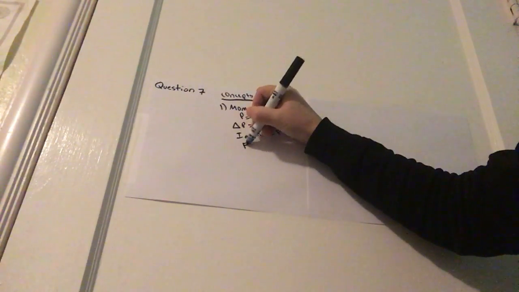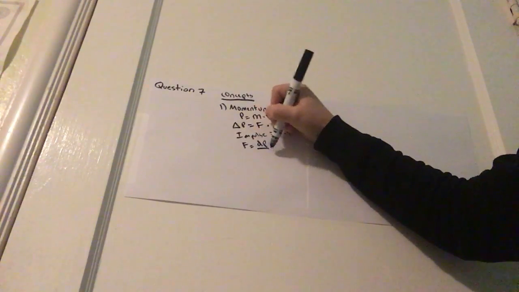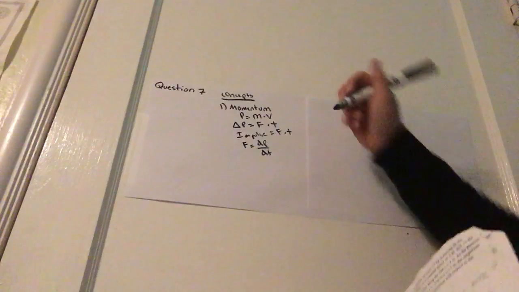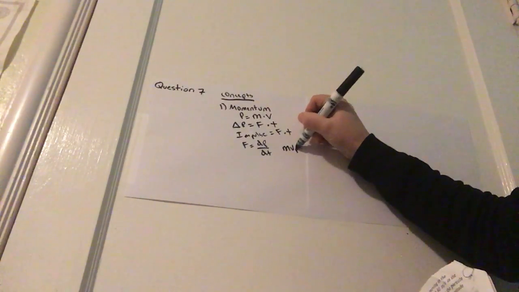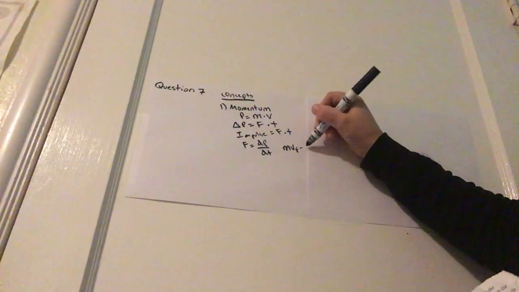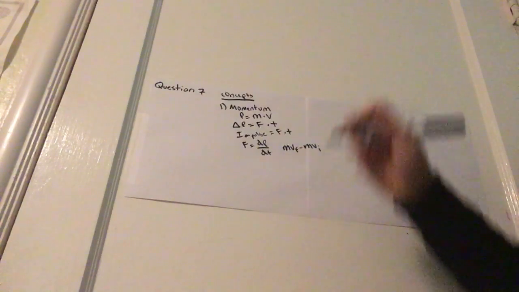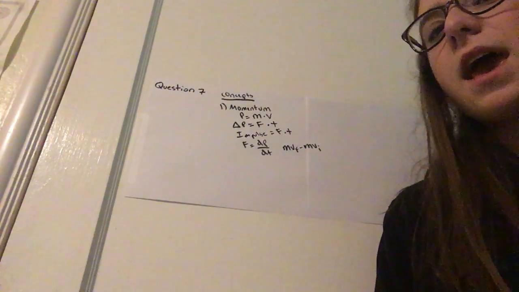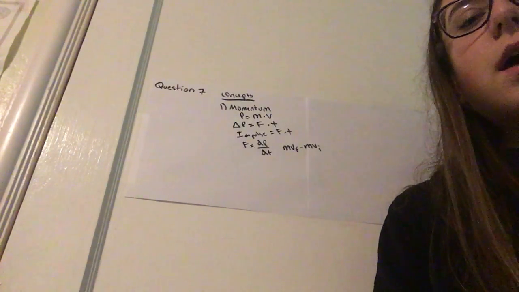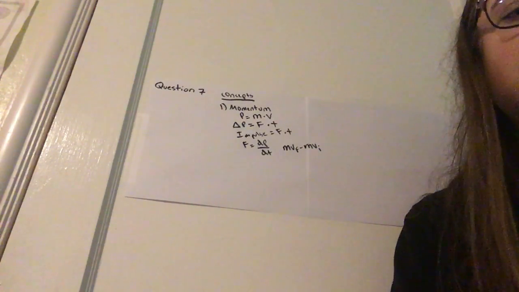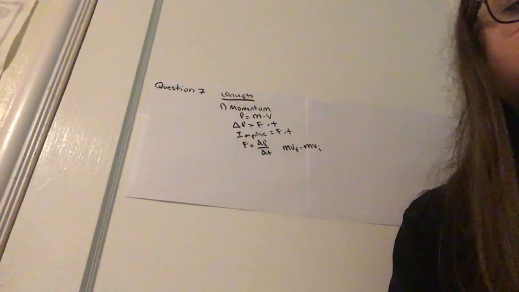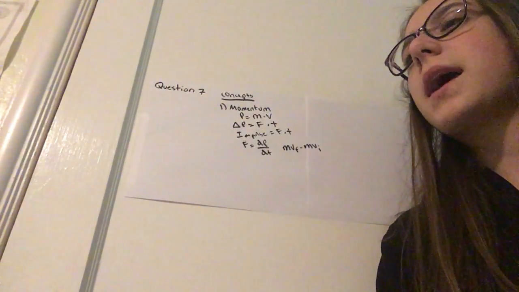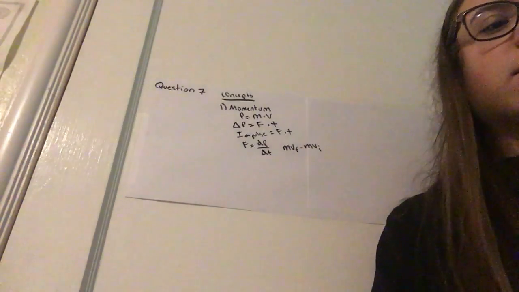Another way to look at that is force is equal to the change in momentum with respect to the change in time, or just mv final minus mv initial. So change in momentum is due to a force, and that is the only way to change momentum, because acceleration is caused by a force, and changes in velocity are caused by acceleration.